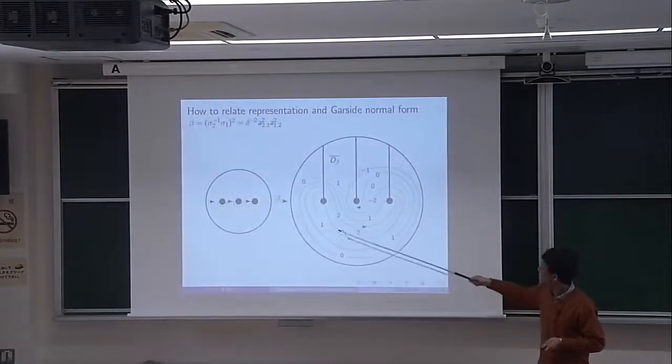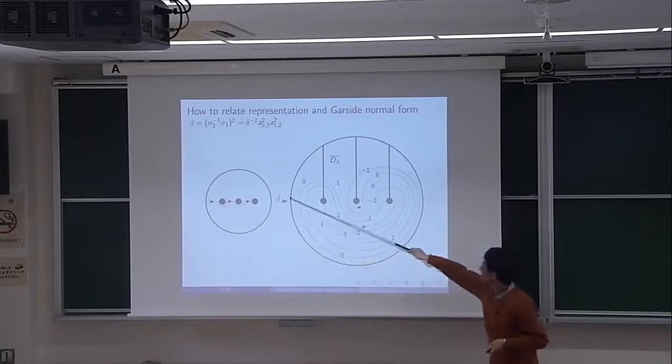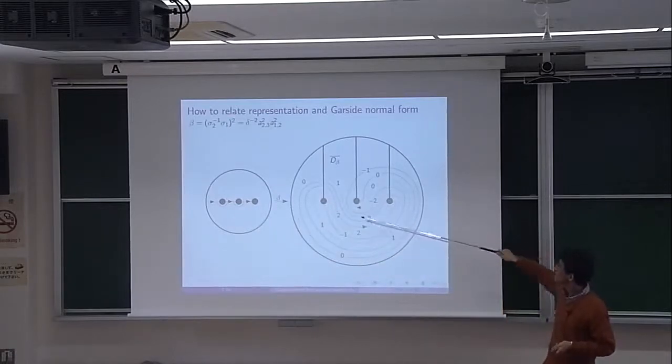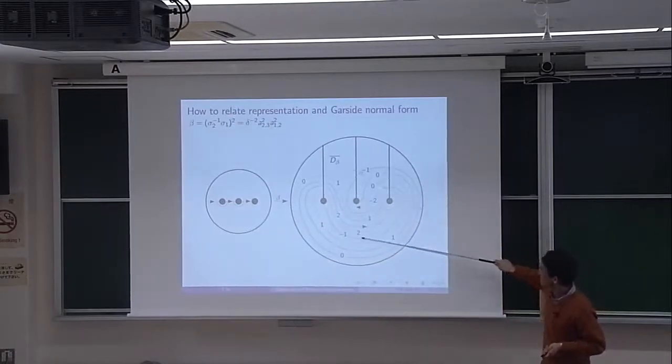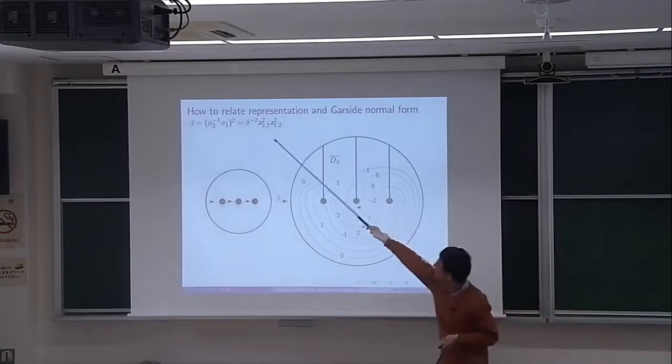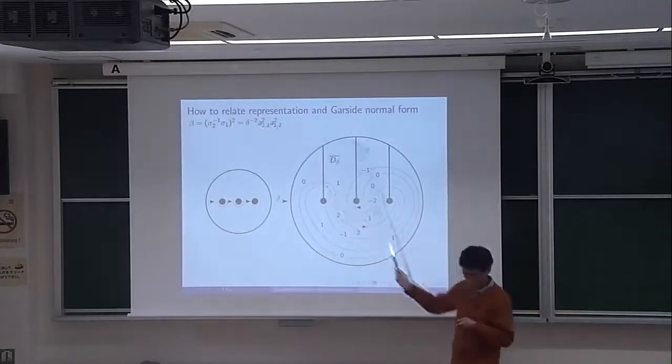Here's an example. This is a braid, and this is the image. By looking at the labeling, its maximal labeling is 2 and its minimal labeling is -2. So its length is 2 minus (-2), which is 4, as indicated.